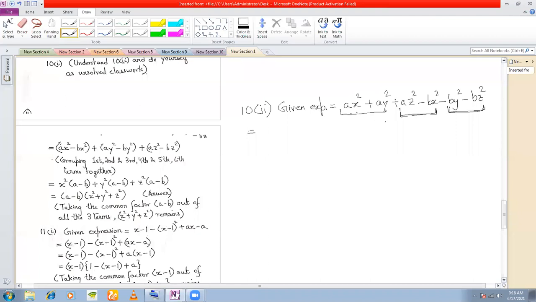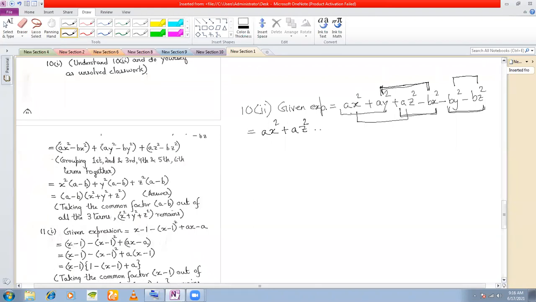Now, if you try the first and the third, ax square plus az square, and you try this and this, from these two again you see that nothing is common, and you can only take out b.